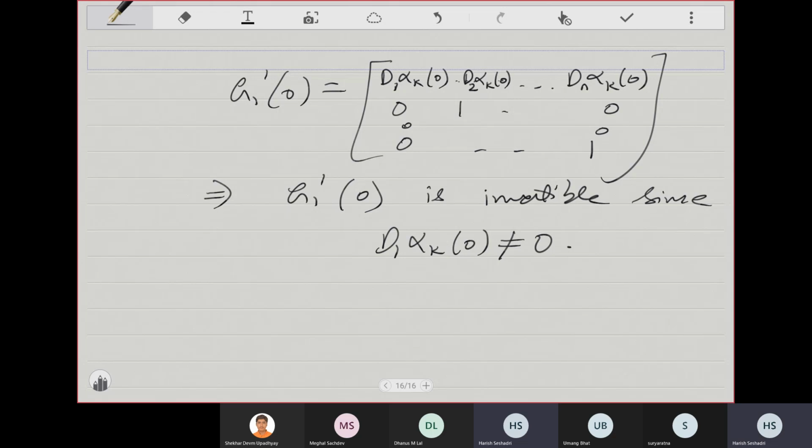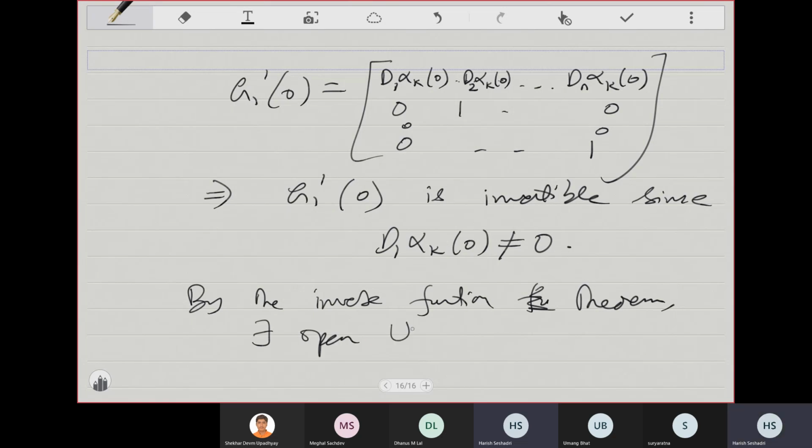So let's see what the inverse function theorem tells us. By the inverse function theorem, there exists open U1 contained in V1.